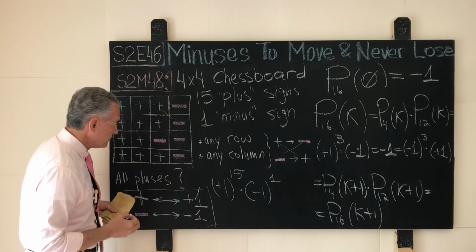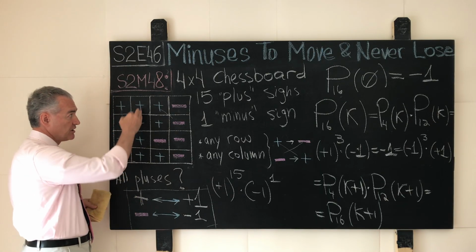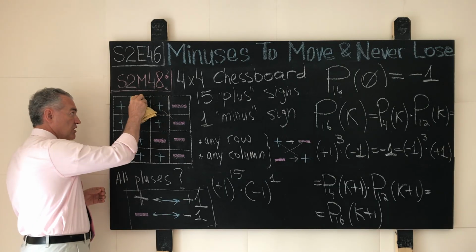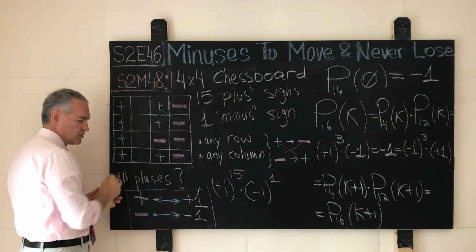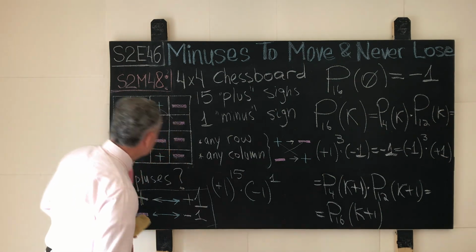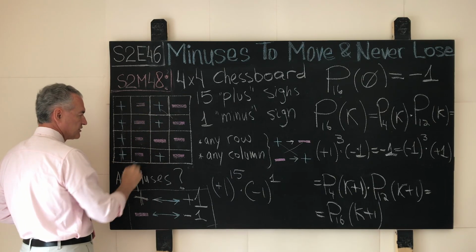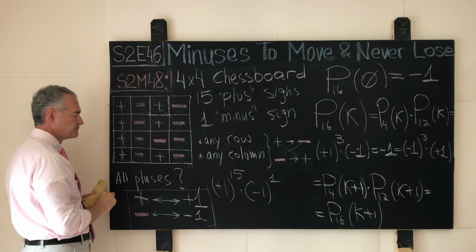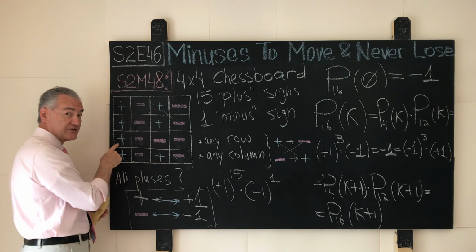That means that if we find a row or column that has precisely 3 minus signs in it, let's say over here in this column we change all the pluses to the minuses. So we have minus, minus, minus, minus. In this case, we have a row that has precisely 3 minus signs and 1 plus sign.